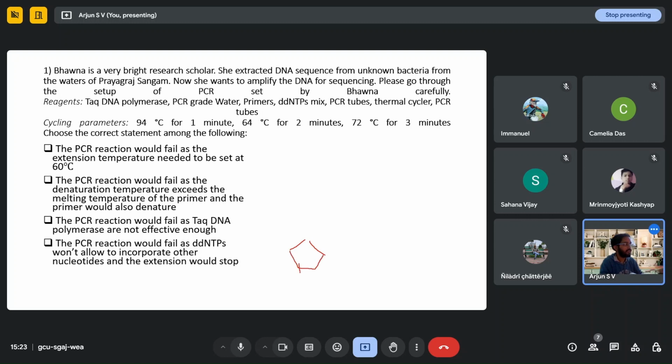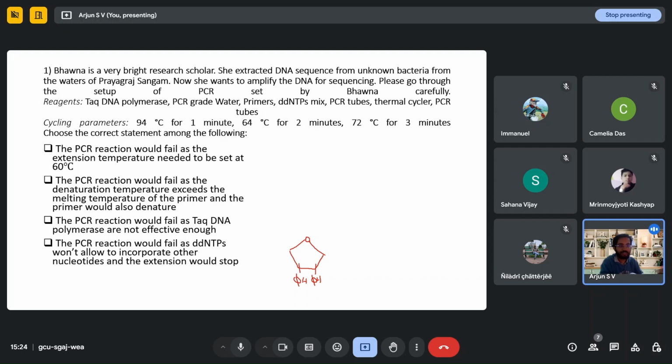If this is your ribose sugar, in ribose you will have two OHs, whereas in deoxyribose one of those O's will not be there. You will only have H, and in dideoxynucleotide triphosphates, both the O's will not be there. There will be only H.